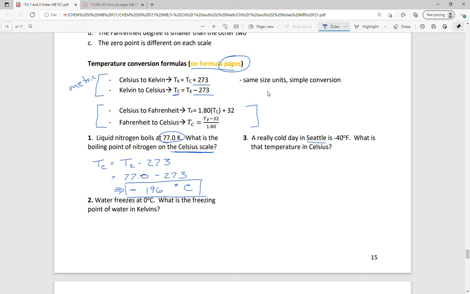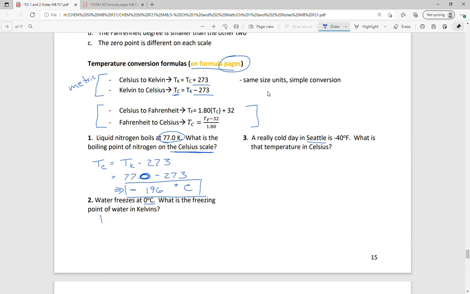It's kind of a rigged question because there was a 0 there, so if you put the decimal, I probably wouldn't mark you wrong, but technically you should round to the nearest whole number. So the next one: water freezes at 0 degrees Celsius. What's the freezing point in kelvins? You might be able to just know this, but again, this is all about developing strategies for problem solving.